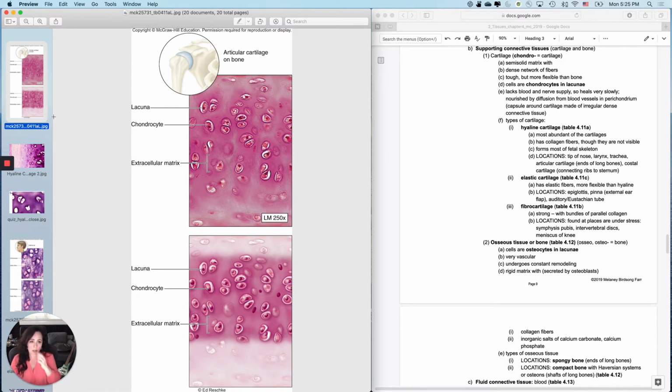Inside all 3 of the cartilages, the cells are called chondrocytes. The prefix chondro, remember, means cartilage. And they sit in a space that is called a lacuna. So let me just draw you a general cartilage before we get into more details about it. So what is a general cartilage like?